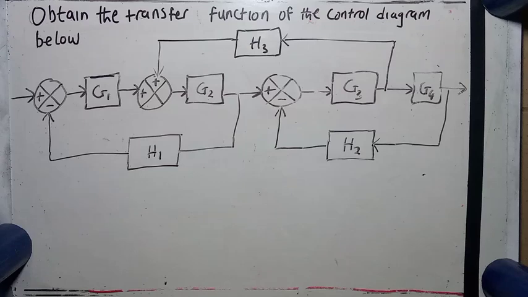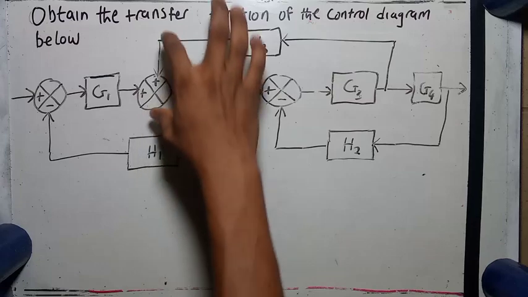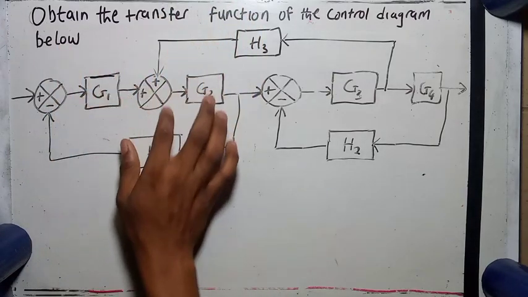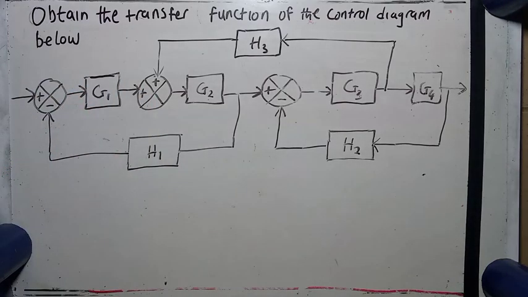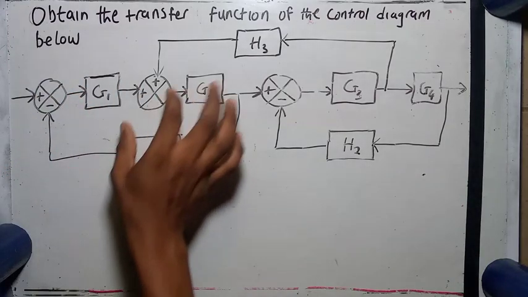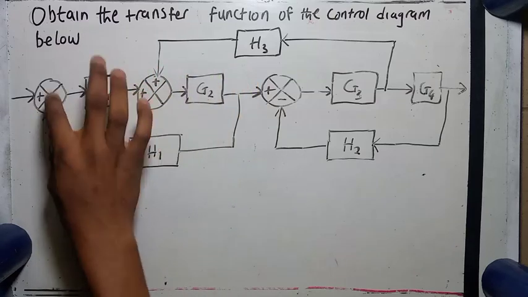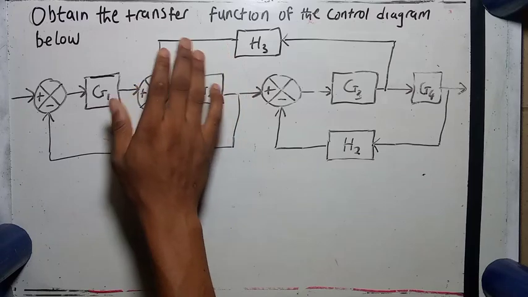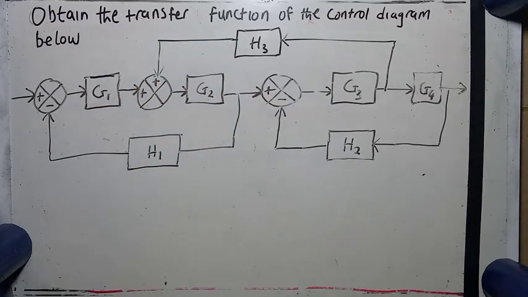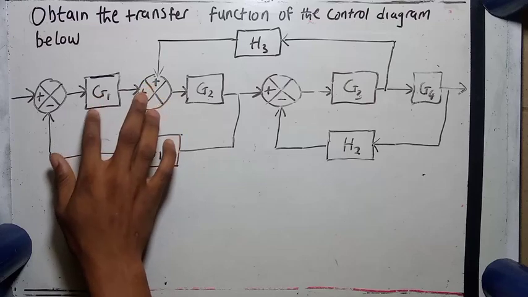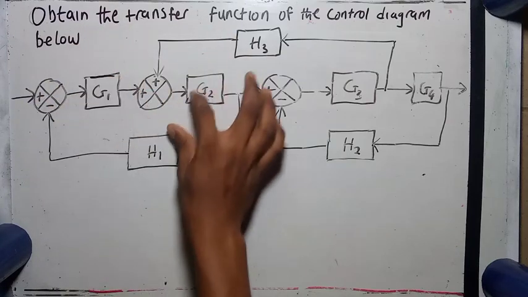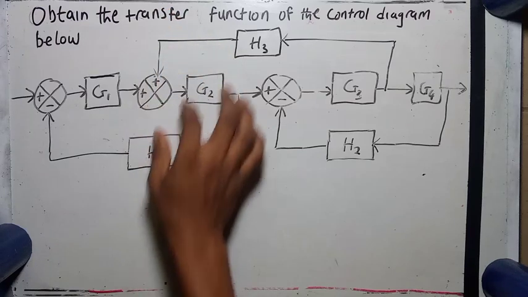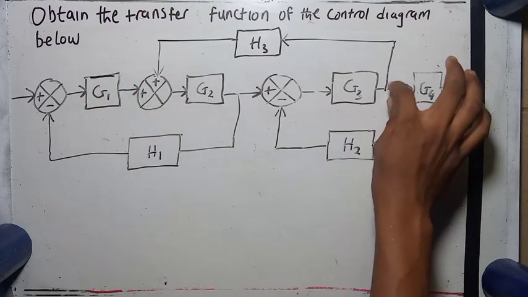So no time to waste. Focusing on this summing point, our aim is to shift it over to the left hand side. Whenever we move a summing point to the left hand side, we introduce 1 over g1, the function that we just passed, in this feedback loop here, and so also with this one too.